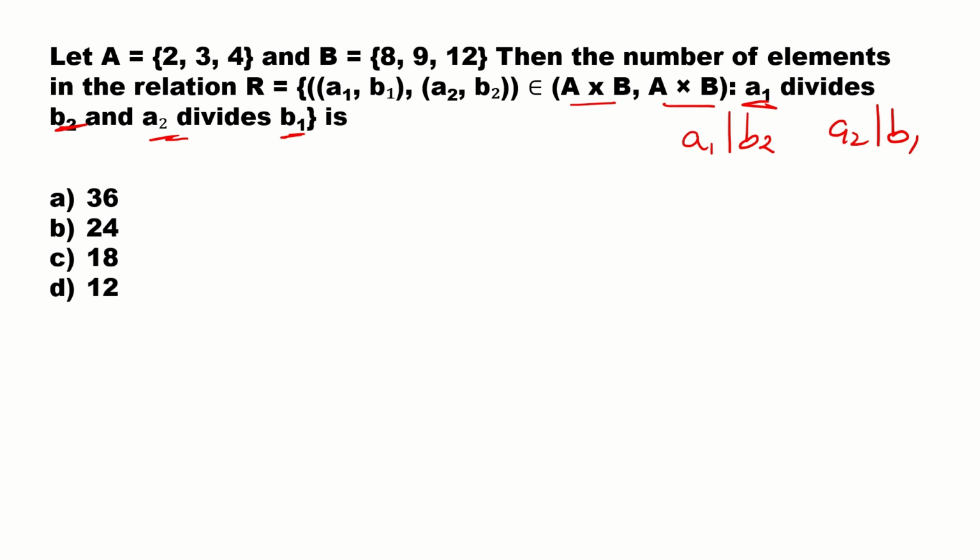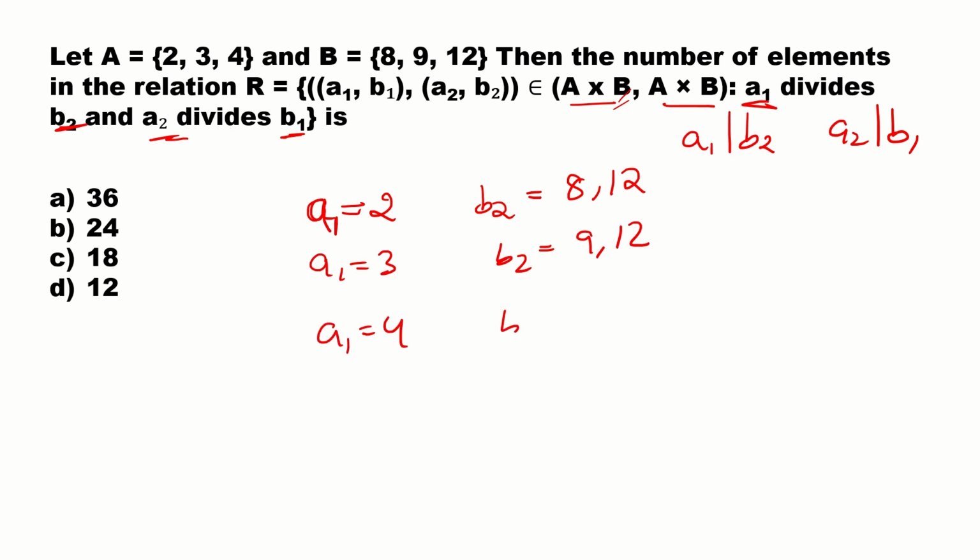So let's find all the possible values of pairs. Instead of taking the pair a1, b1, let's say a1 equal to 2, then b2 can be equal to 8 or 12, since b2 must belong to capital B. If a1 equals 3, b2 can be 9 or 12, and if a1 equals 4, b2 can be 8 or 12.